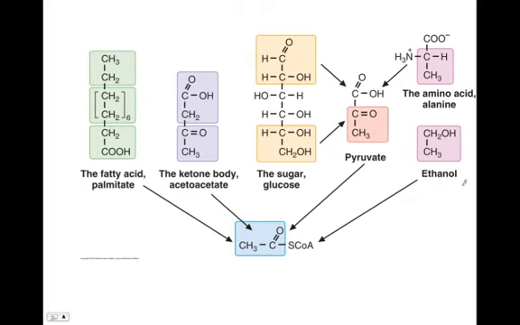So this summarizes the TCA cycle and the oxidation of acetyl-CoA. In the next unit, we'll look at the generation of acetyl-CoA from fatty acid metabolism as well as ketone metabolism.